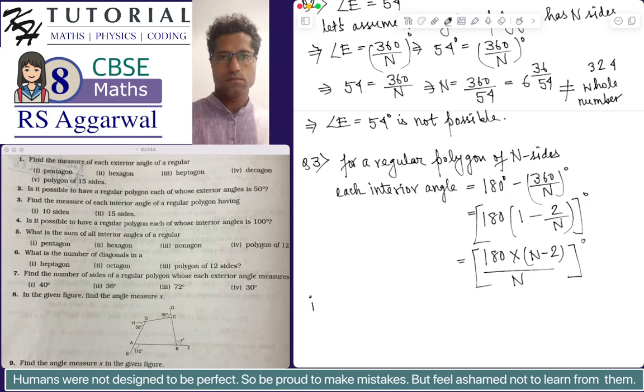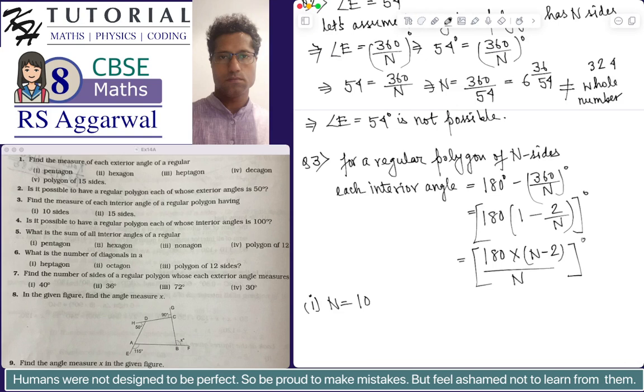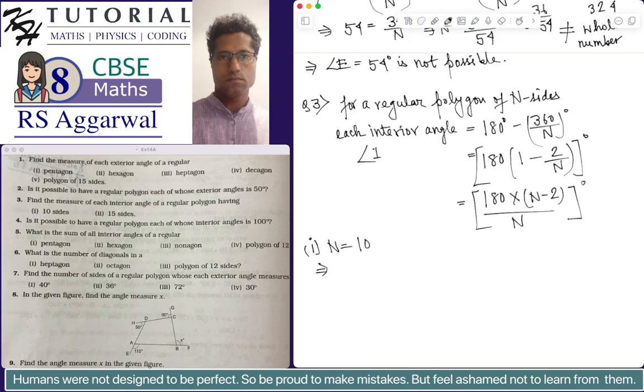So, now let us find the interior angles of the given regular polygons. First, n is equal to 10. Let's name each interior angle as angle I. I am just assuming angle I represents each interior angle of a regular polygon. So, angle I will be equal to 180 multiplied by (10 minus 2) whole divided by 10 degrees.